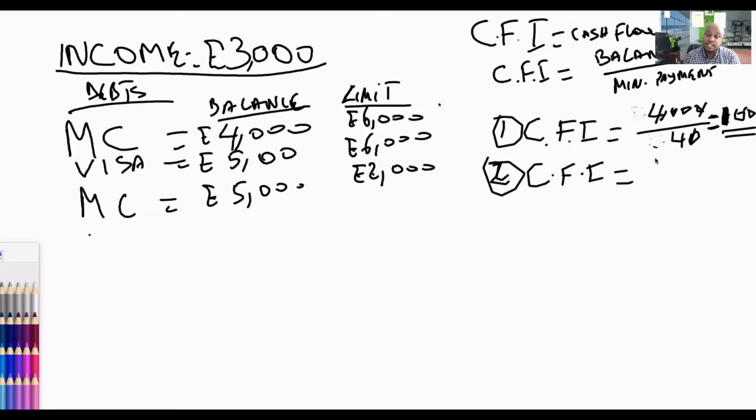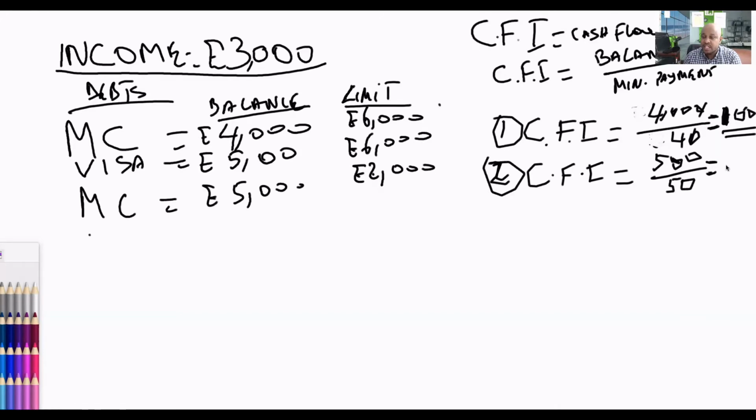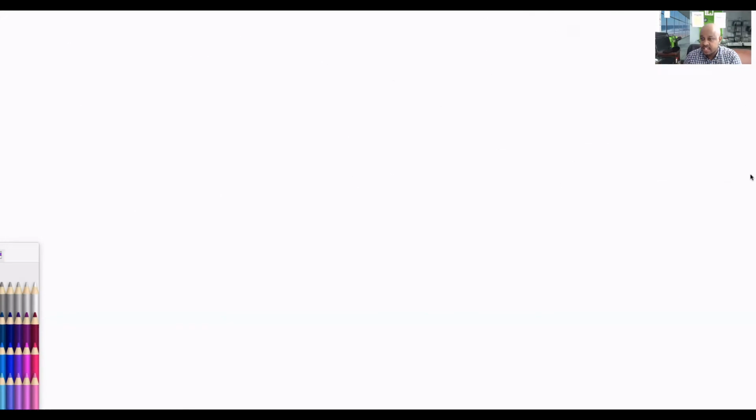So for example, this person has the 500, and now they're paying, let's say, £50 per month on this one. So their cash flow index number is now 10, right? Cash flow index is 10.